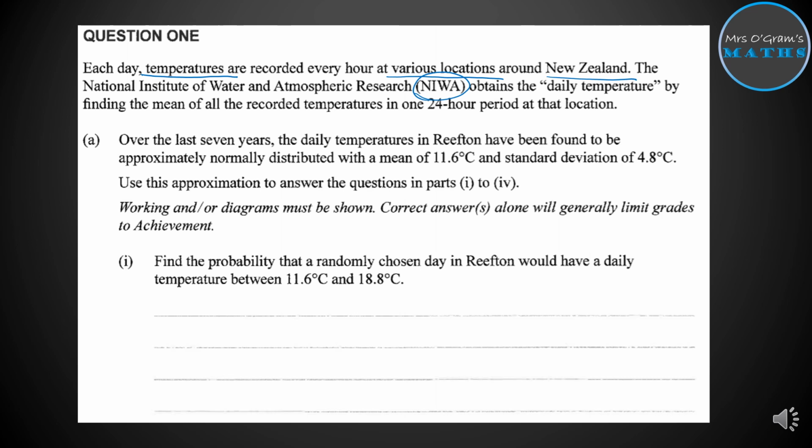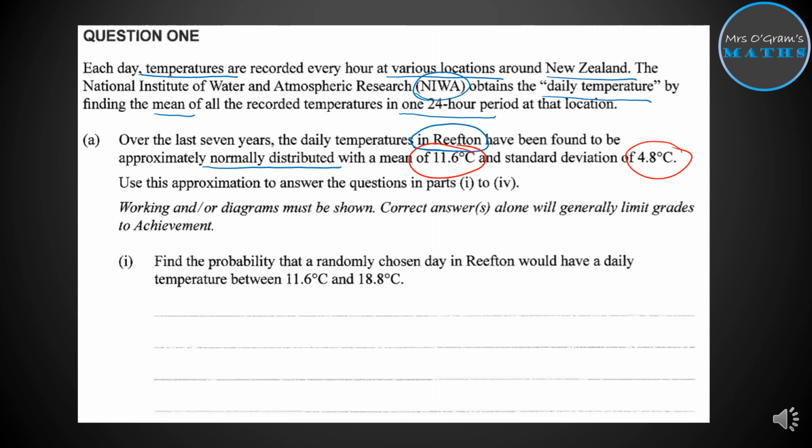They record that daily temperature by finding the mean of all the recorded temperatures in this 24-hour period at the various locations around New Zealand. So over the last 7 years, the daily temperatures in Reefton, so this is the location that we're looking at, have been found to be approximately normally distributed. The mean is 11.6 and the standard deviation is 4.8.